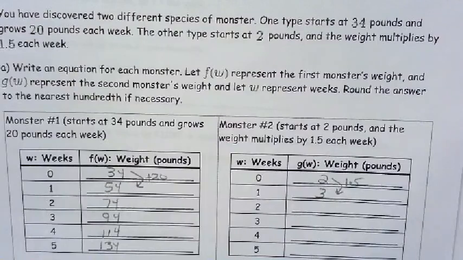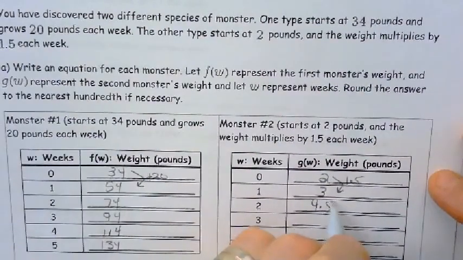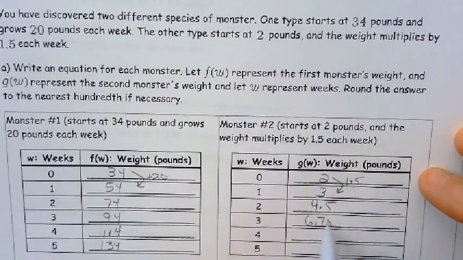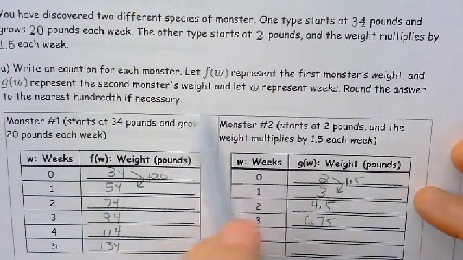So I'm going to have to do 3 times 1.5. And that turns out to be 4.5. Then I got to multiply that by 1.5. This is going to take me some time here. 6.75.